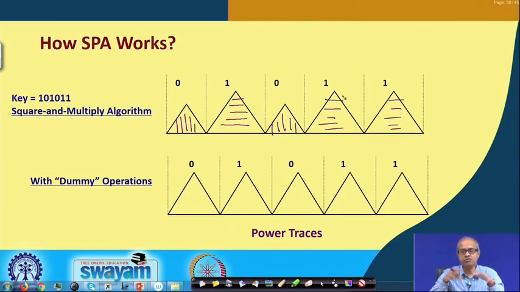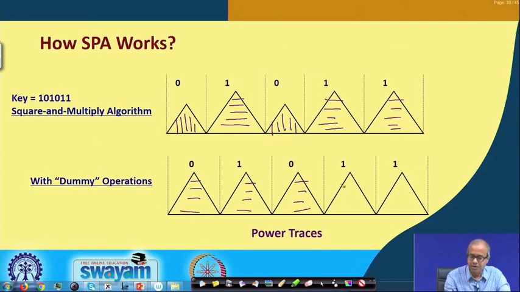And if you introduce that dummy operation which we talked about in case of timing analysis attack to make the two paths of the if statement symmetrical, then there will be no difference in the operation during 0 and 1 bits. Both will do square and multiply together. So, they will appear to be all similar.